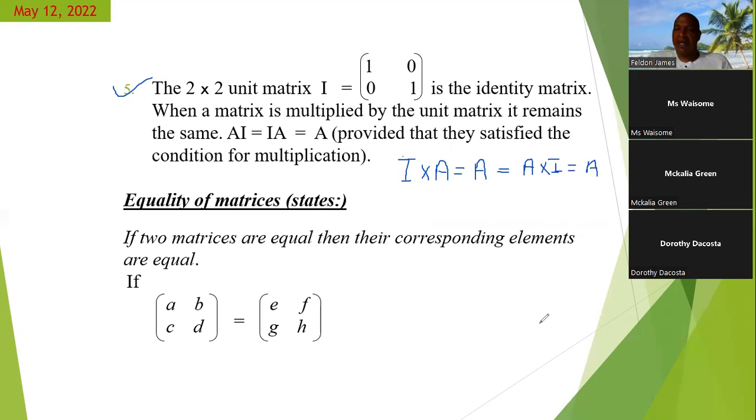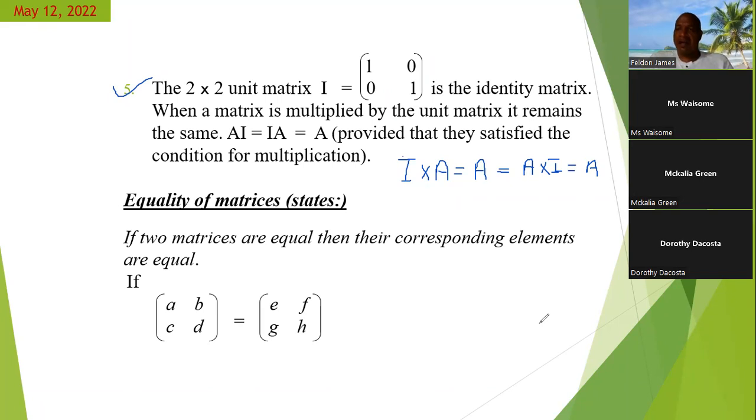But if you're multiplying two matrices other than with the identity matrix, you will come to realize that the commutative property doesn't generally work, right? It may happen on occasion, but not on all occasions.